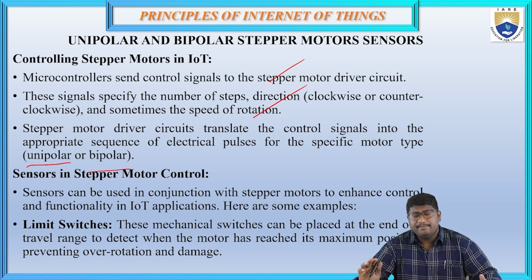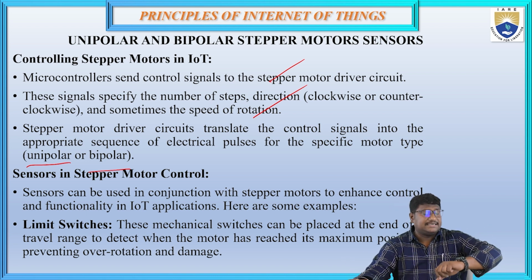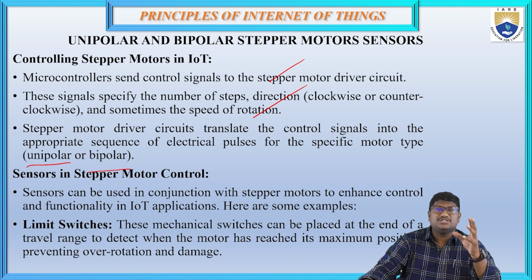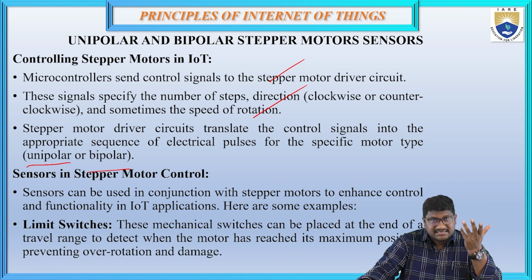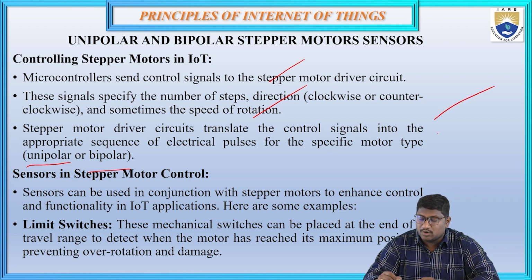Limit switches are basically mechanical switches, which are placed at the end of a traveling range to detect when the motor has reached the maximum position, for preventing over rotation and damage. In unipolar, as I told you, there was a winding up to here.